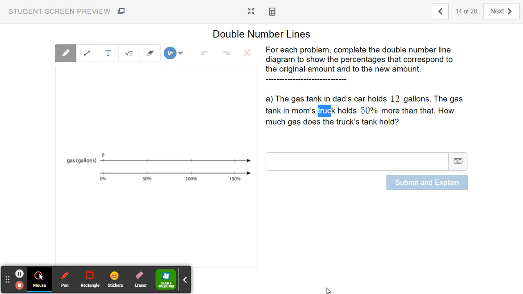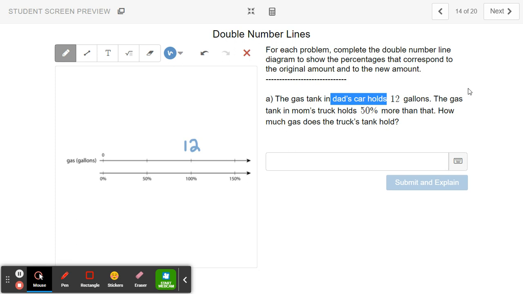This goes back to what we learned in lesson 746. The first thing we have to do is realize, oh look, this is the original amount, and the original amount is always 100%. So over on our double number line, I can find 100% and I can mark it with 12 gallons, because that's what the whole means, the 100%.